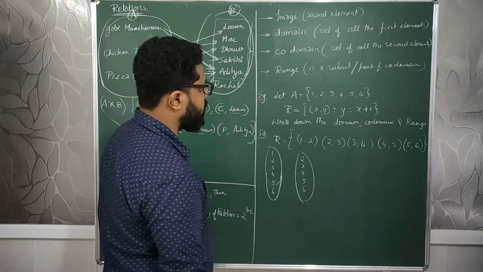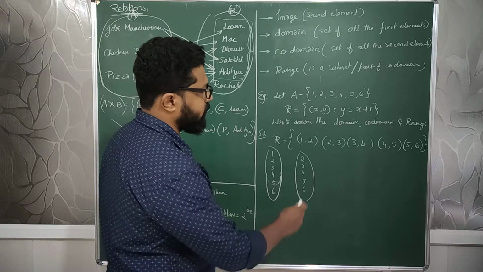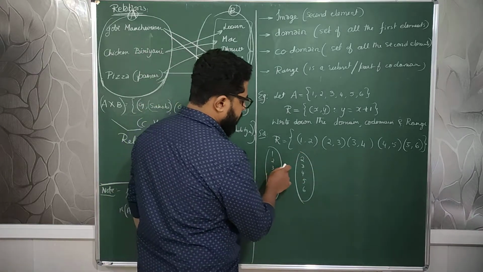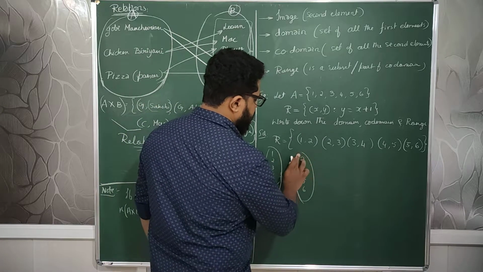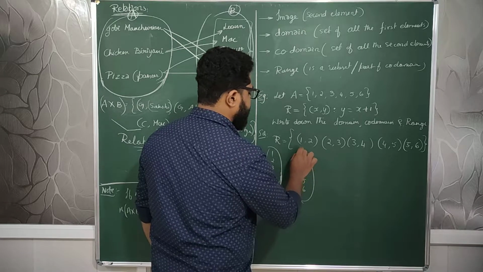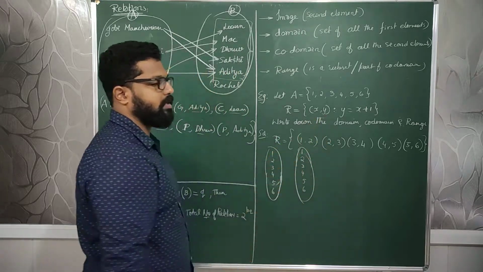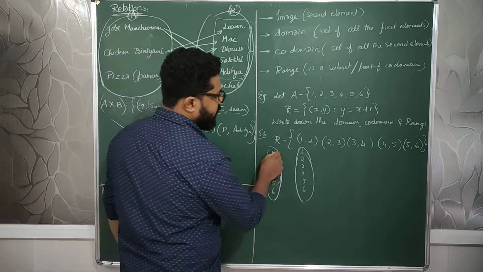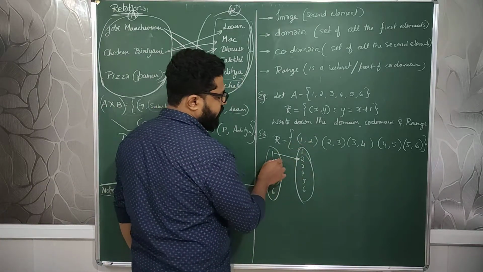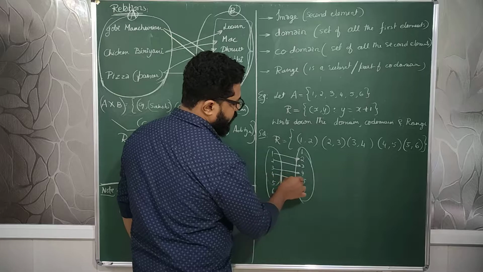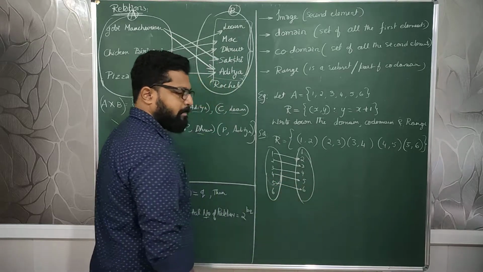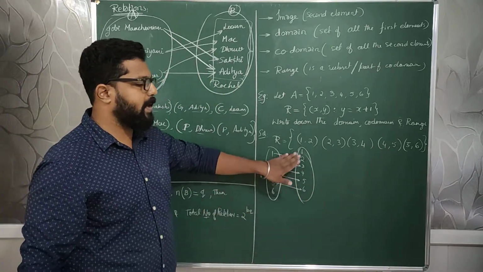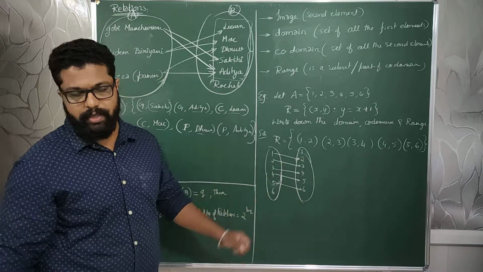The y does not contain any 1. The elements of this one also belong to the same set. So I'll write it like this. One element will be related to 2 according to my first relation, 2 to 3, 3 to 4, 4 to 5, 5 to 6. So this is how the arrow mapping of this relation is done.